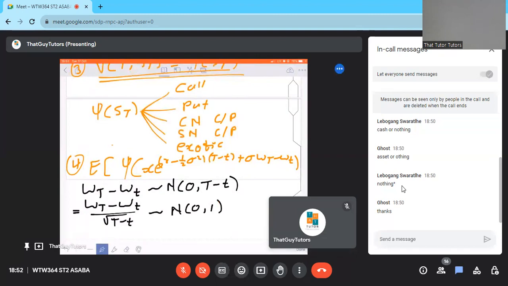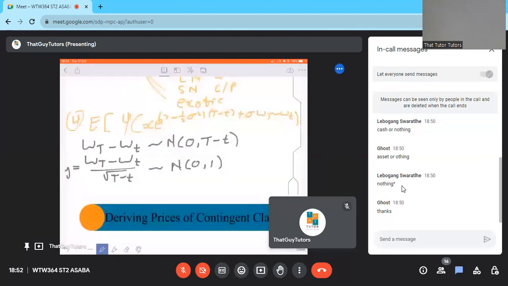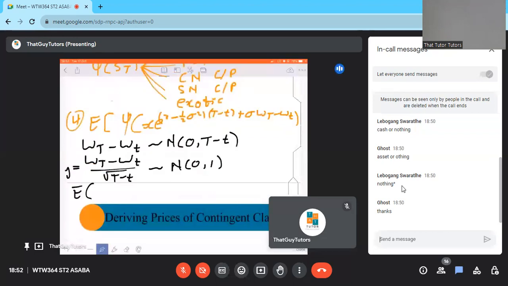In that case, the expectation of this psi is going to be x e to the m plus sigma times the square root of t minus t times y, where y is your standardized Brownian motion.